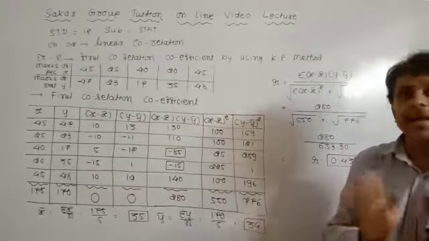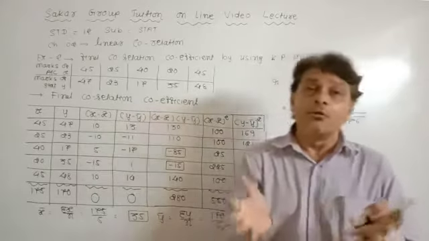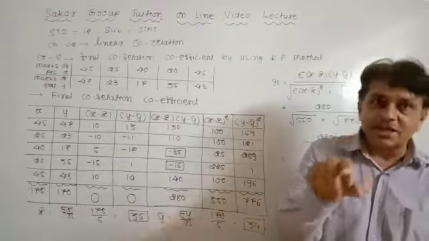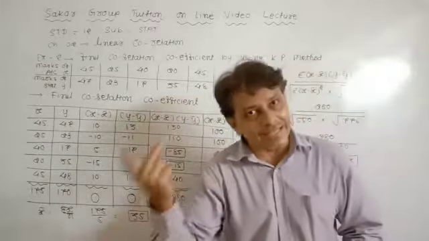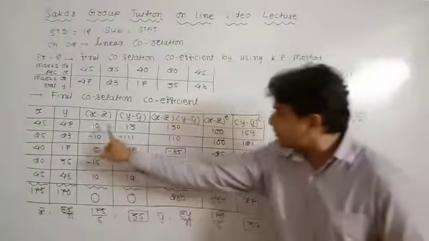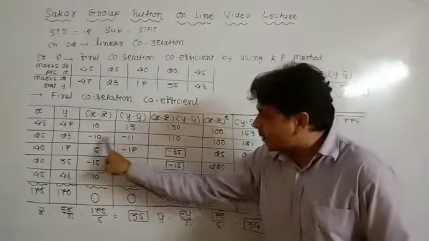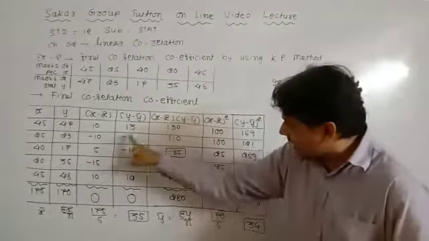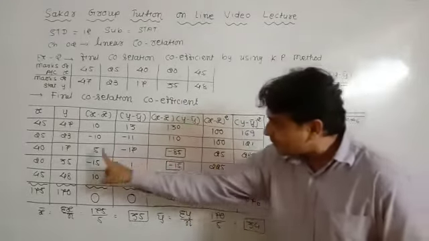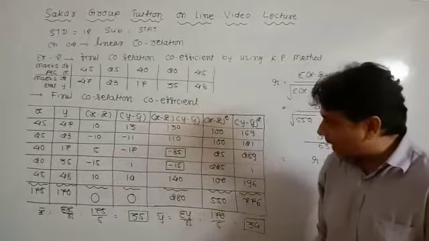After preparing the individual x minus x bar and y minus y bar columns, we have taken the multiplication of both these columns, which is the next column, called x minus x bar into y minus y bar. 10 into 13, so 130. Minus into minus is plus, so 10 into 11, 110. Plus into minus is minus, 5 into 17, minus 85.